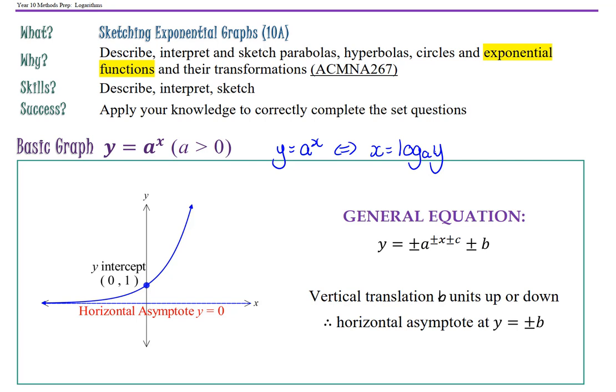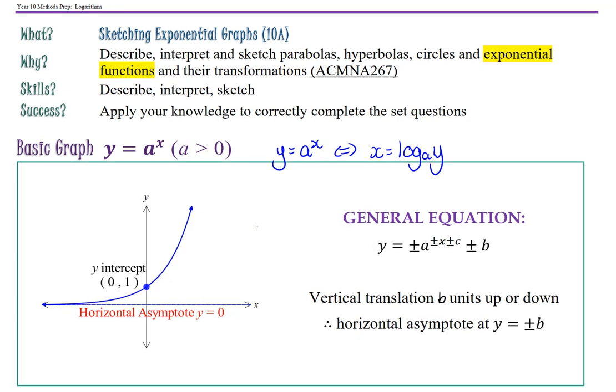Now, our general equation is therefore y equals plus or minus a to the power of plus or minus x plus or minus c plus or minus b. Now, note I put the plus and minuses there because they can be either, and the shift depends on if it's positive or negative.